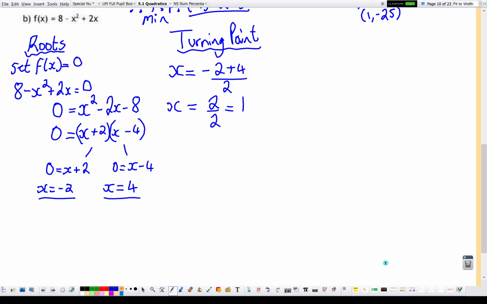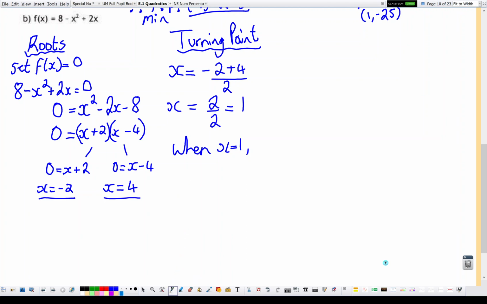So, the turning point has an x value of 1, so when x equals 1, what does y equal? So you go to f of x, and I should maybe stick to the terminology rather than putting y, but you need to understand that f of x represents y. So y and f of x mean the same thing.